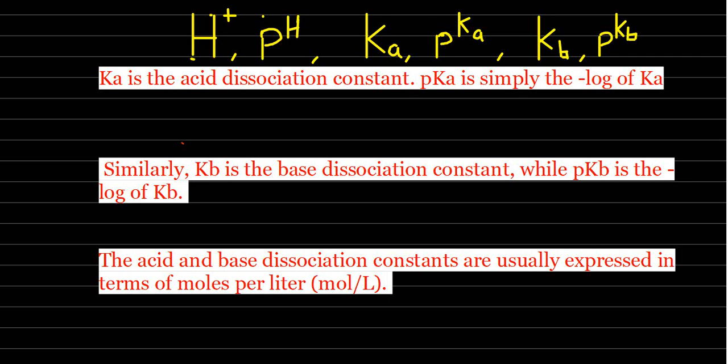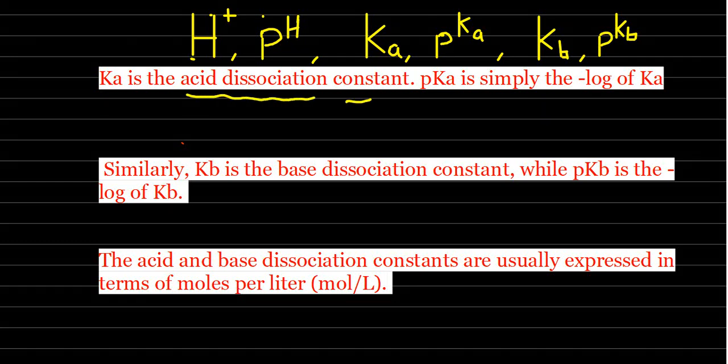Now, what is Ka? Ka is the acid dissociation constant. pKa is simply the negative logarithm of the Ka value. See the relation: pKa equal to minus log Ka.